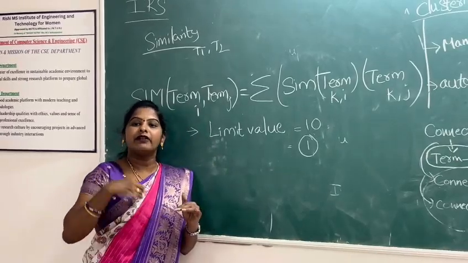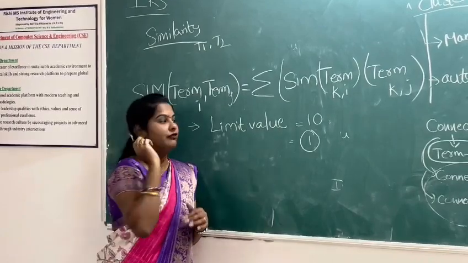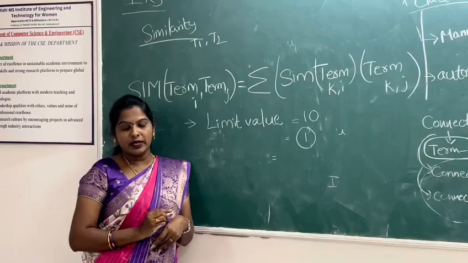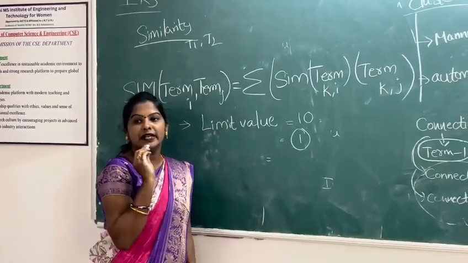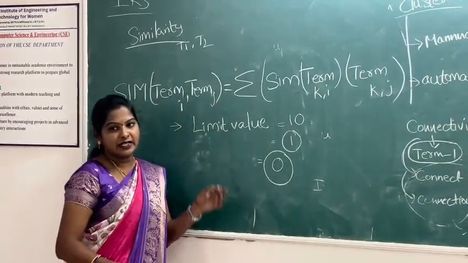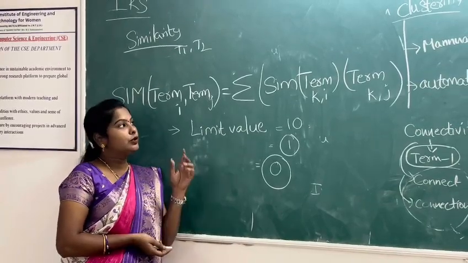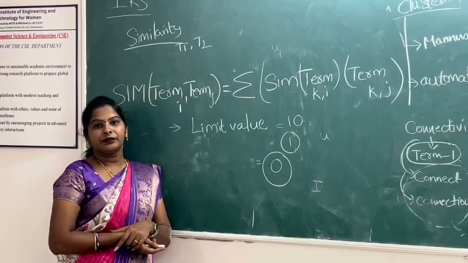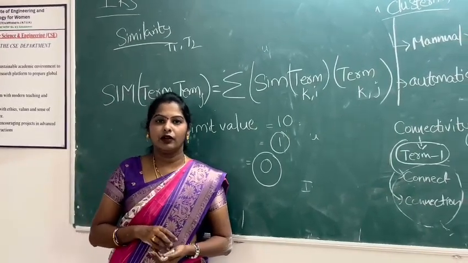If the value is less than 10, then we consider the binary number as 0. So in this way the similarity check between two terms will be done through this formula, and we are following the vector model. Okay, do you have any doubts? Okay, thank you.